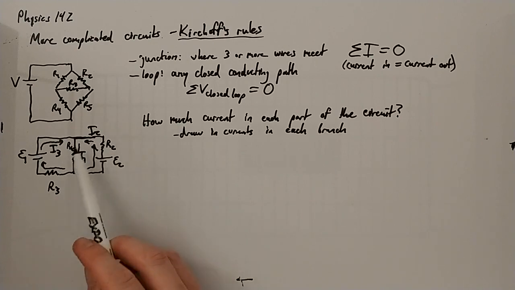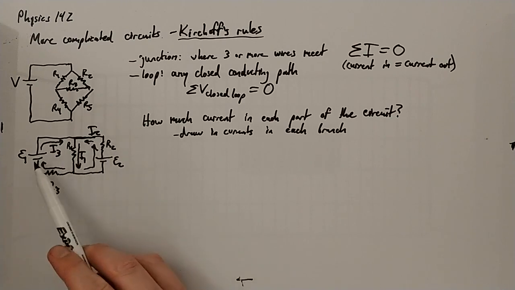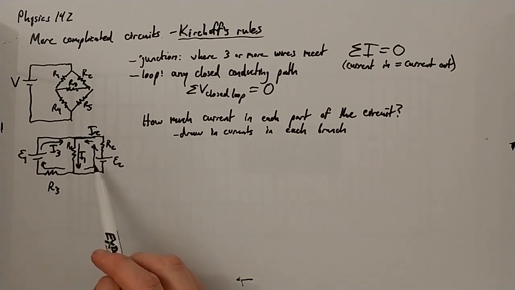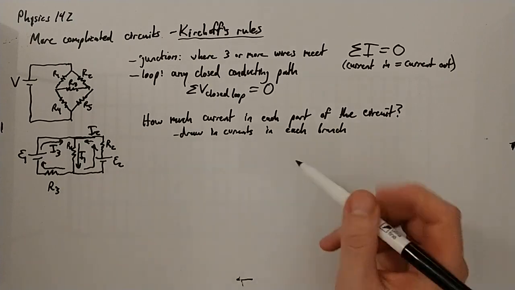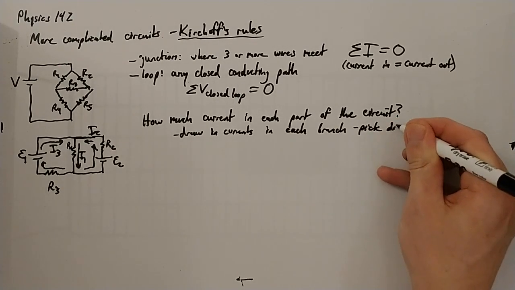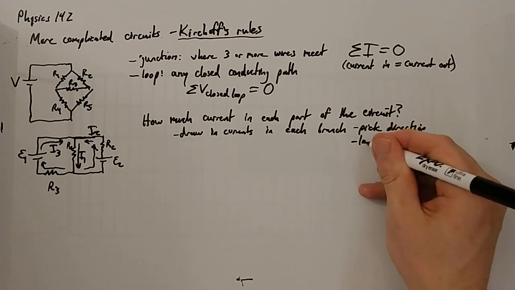In the case where you have multiple power supplies, it might not be clear. Sometimes one power supply could be way more powerful and actually drive current backwards through another power supply. So you just need to choose a direction. Pick a direction and label them clearly.